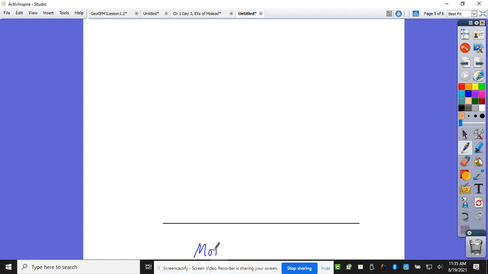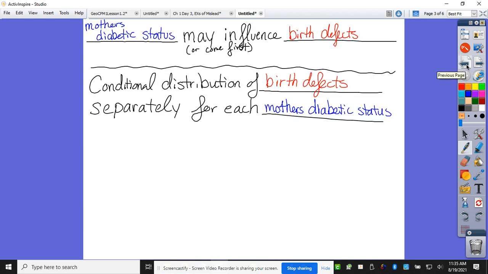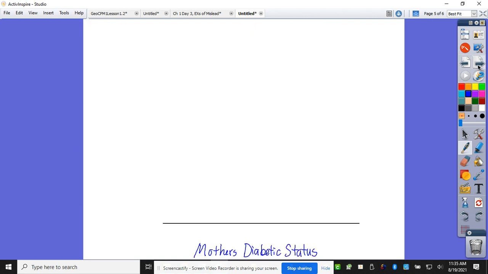So it's always the case, and this is why I say I'm a color person, so that y'all can see the connections. Whatever is the one that influences is the one that you're doing it separately for, which means it goes on the bottom.